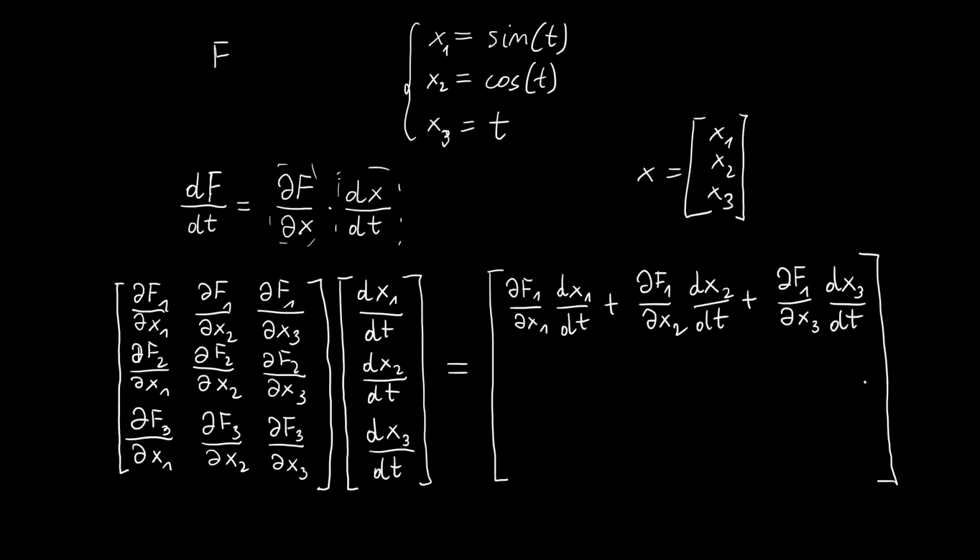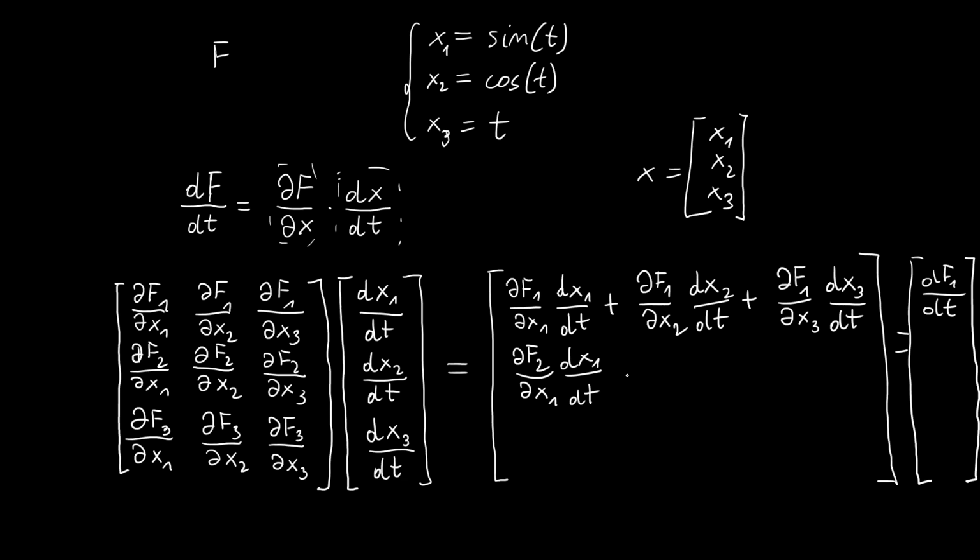And this happens to be just a derivative of f1 with respect to t. And we can do this for each row, but you already see the rule.